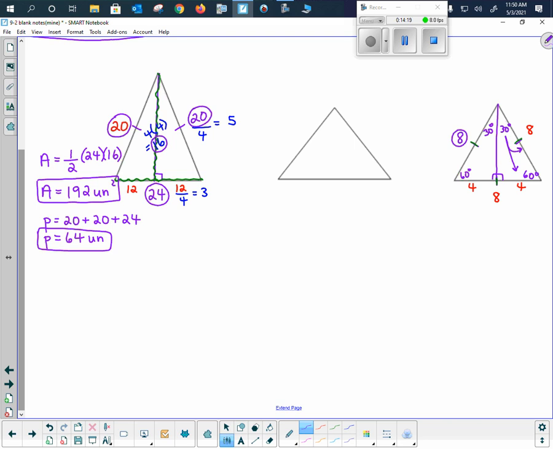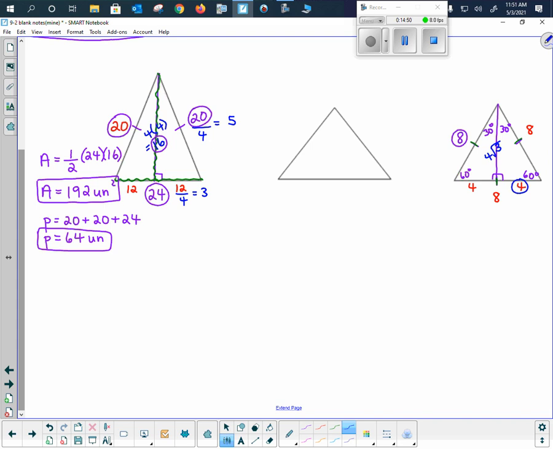So to find the height of the big triangle, you're really looking for what's across from the 60 degrees, or what's the long leg of that right triangle. In other words, if this side is 4, the short leg, the long leg is multiplied by root 3. So this is 4 root 3.